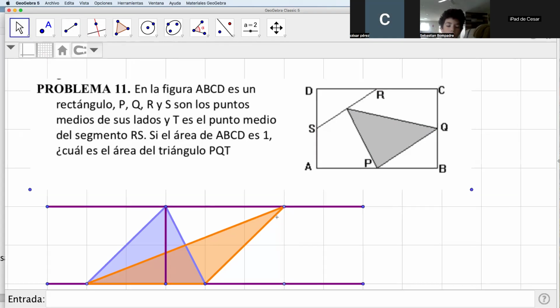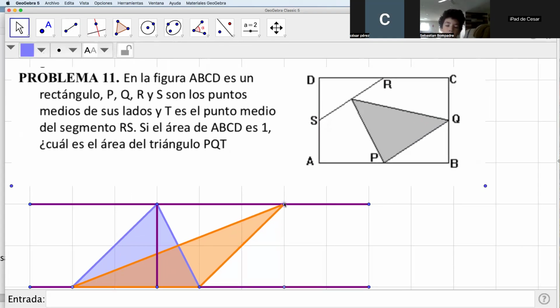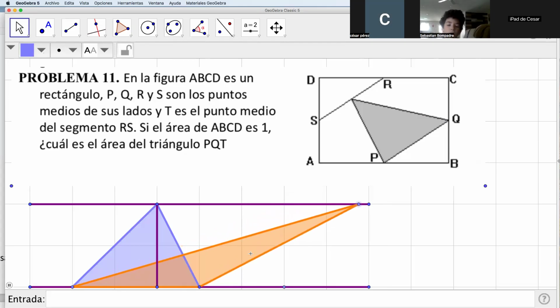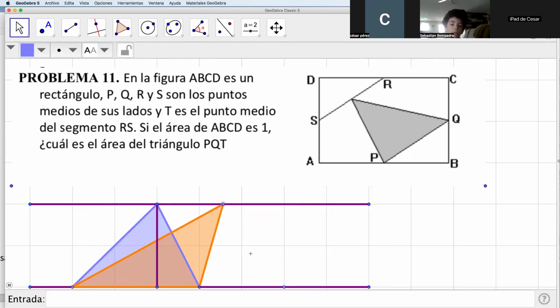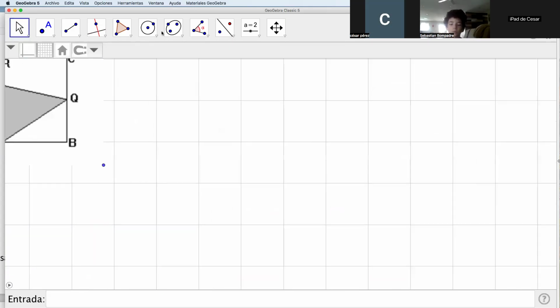If we move this point, every triangle has an area of 3. Do you understand this idea? Okay, we can use this idea for solving this problem. There is another thing that I want us to see. We have this triangle, okay?